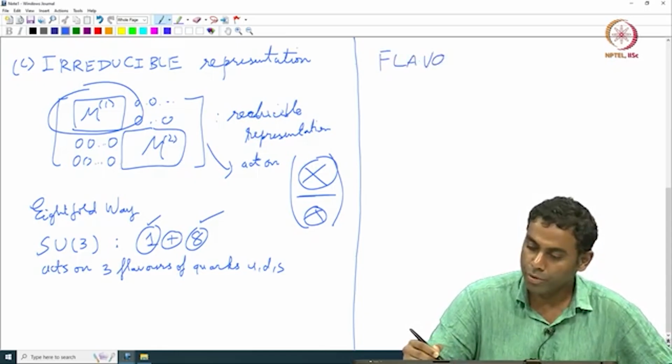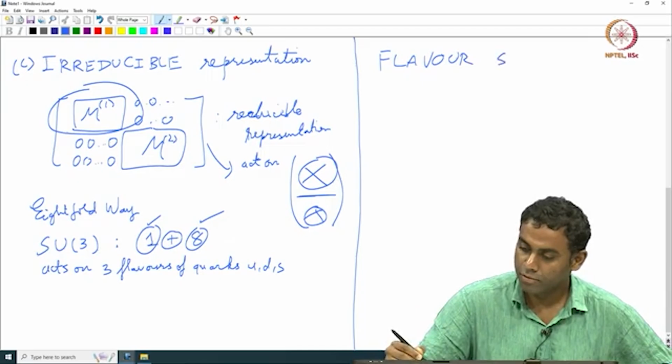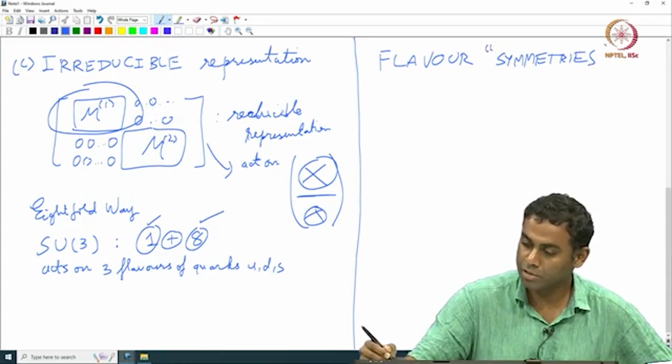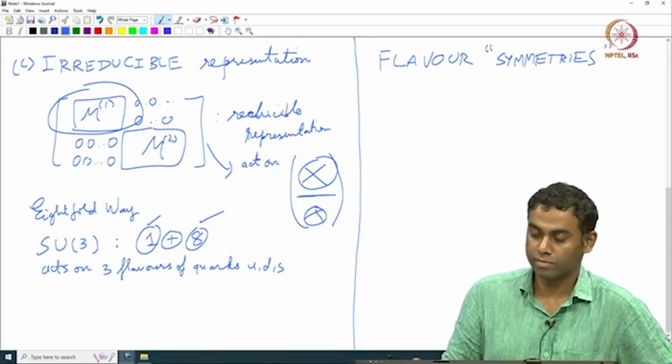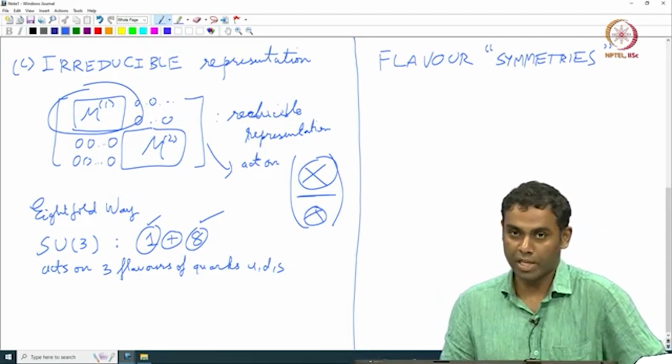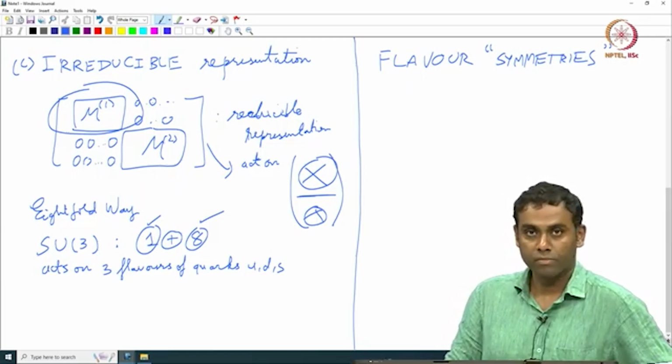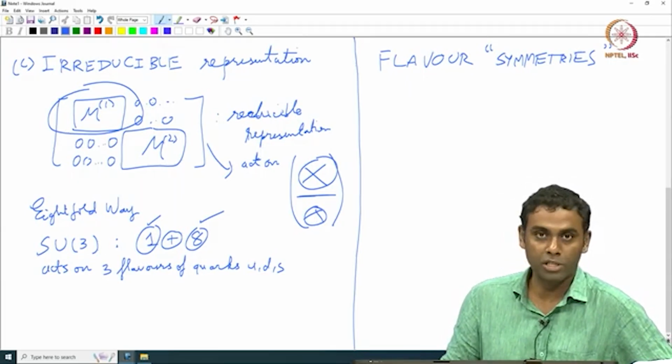So, this sub module, let me call it flavor symmetries, but I am going to put symmetries within quotes, okay, because these are not exact symmetries, unlike the gauge symmetries of the standard model, unlike some even global symmetries like baryon number and lepton number. Okay.